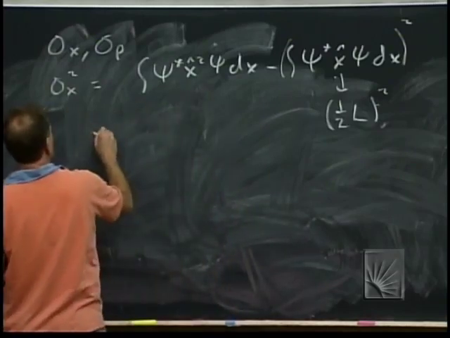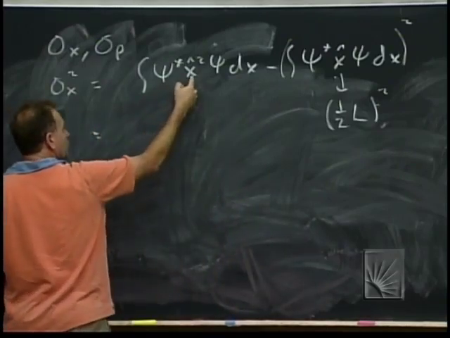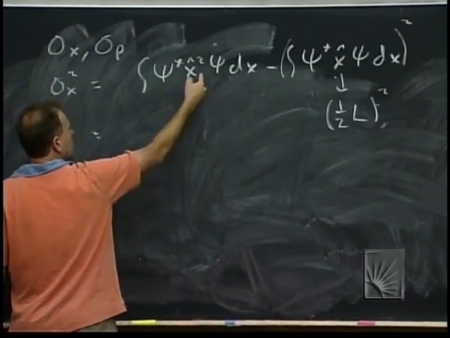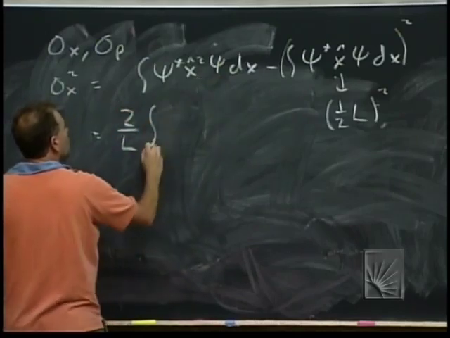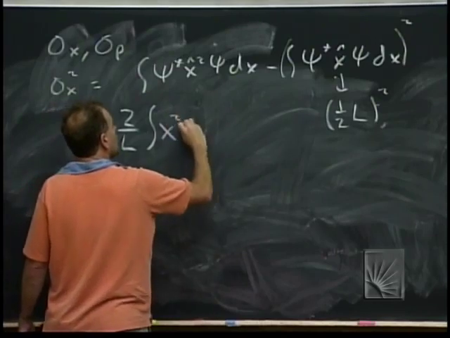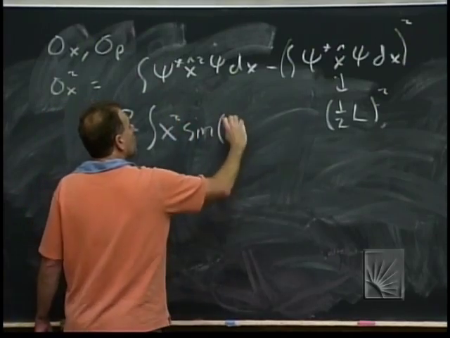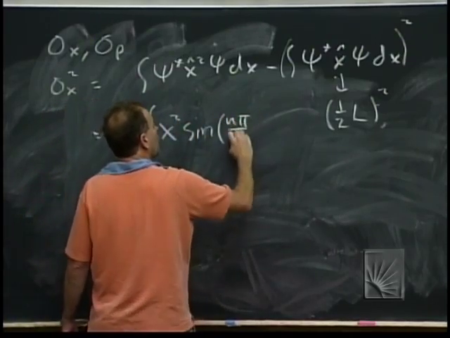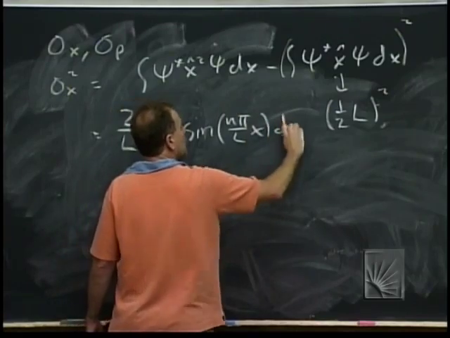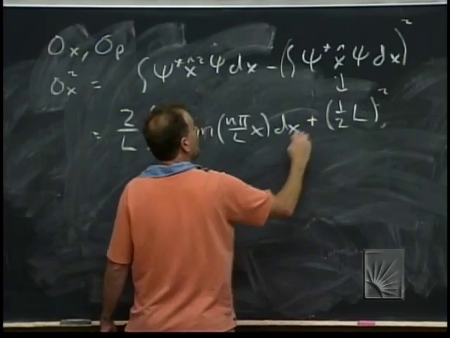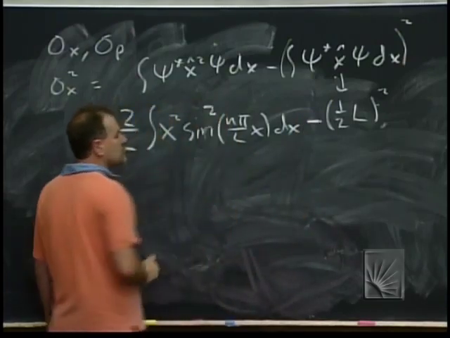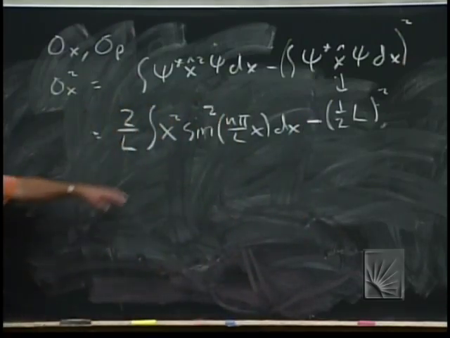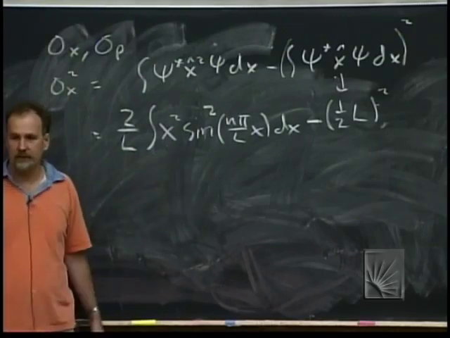And this integral is just psi star, the x operator is x, squaring it, times psi. So this is simply 2 over L, integral of x squared sine squared of n pi over L x dx. So I've got to do this integral, x squared sine squared.